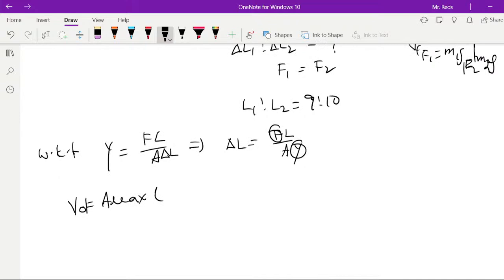Let us take the expression Y is equal to F L by A into delta L. In terms of mass, the load is the same, so let us consider it as m into g. Area is not given, so I have to replace it with volume. Let us multiply numerator and denominator by L, replacing area with the constant volume parameter.